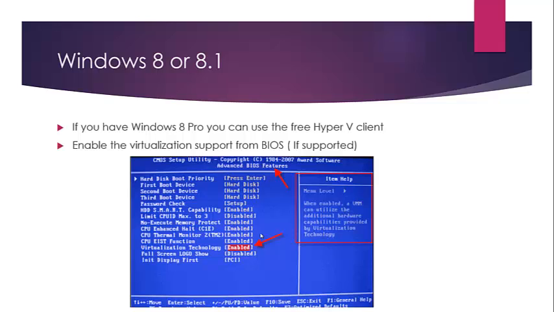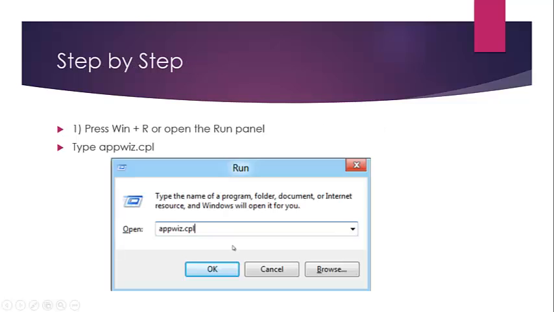Every computer has different BIOS start options, so make sure you go to the BIOS settings and enable virtualization. As soon as you do that, if you have Windows 8, press the Windows logo and the R key.